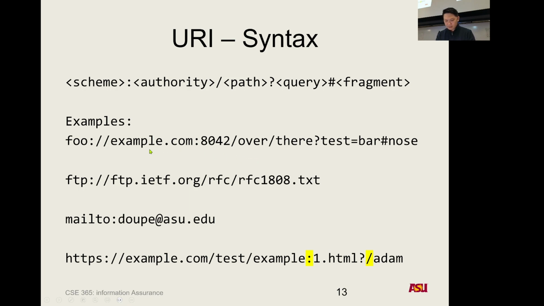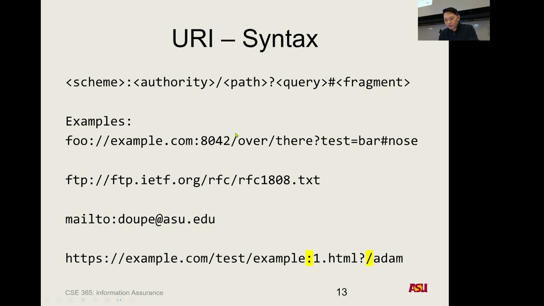That's the syntax. This is the example. What is the foo here? Foo here is the scheme, right? And example.com:8042, what is that? This is the authority. Who has this server? The server name is example.com and some specific port number.